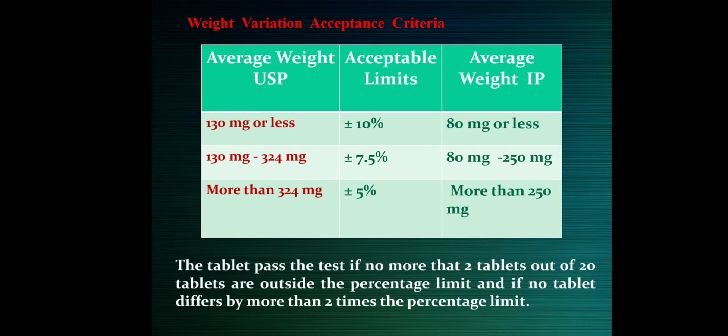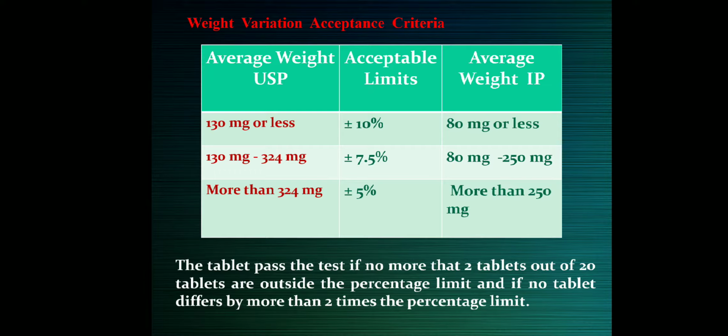When it comes to the Indian Pharmacopoeia, the weight ranges change. For plus minus 10% deviation, the tablet weight should be 80 mg or less. For 7.5% weight variation, the tablet should be 80 mg to 250 mg. And when a tablet is more than 250 mg, the acceptable limit is plus minus 5%.